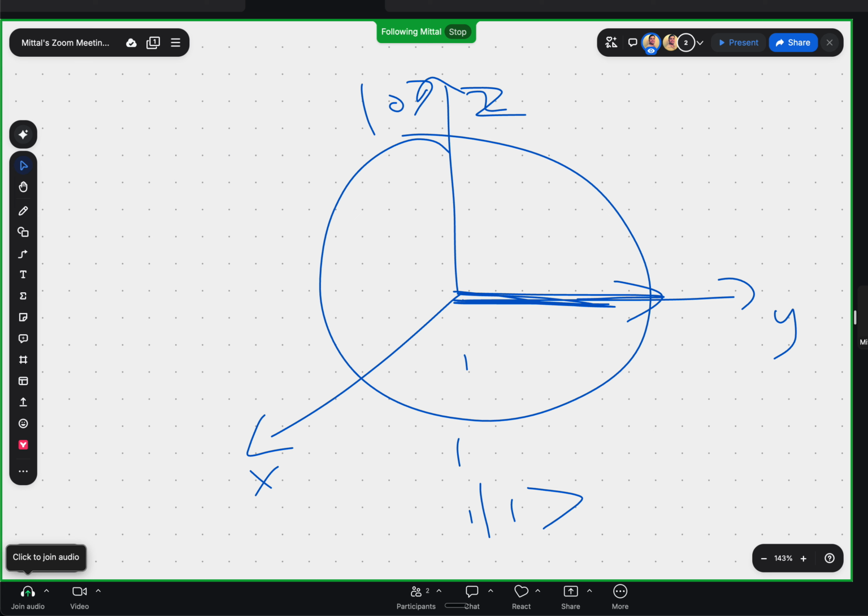Now if it was this particular vector, let's say that was going straight up along the z-axis, what that means is anytime we observe that particular vector, it will always be in the 0 state. And if we were looking at it in this direction, it would mean that it's a vector in the 1 state.